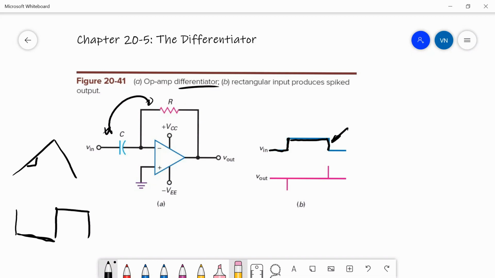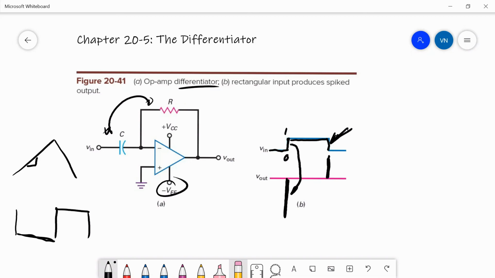If it goes from 0 to 1 in a microsecond, that's 1,000,000 volts per second, and it can do it a lot faster than that. What you'll get out of this is a big spike, saying that in this time period the slope is minus infinity. It's super fast. And over here, when it goes negative, we would get a very high positive spike.